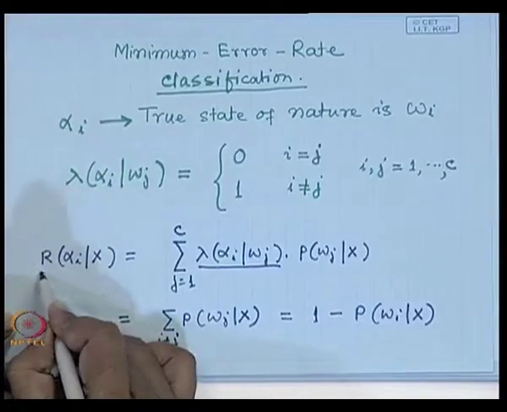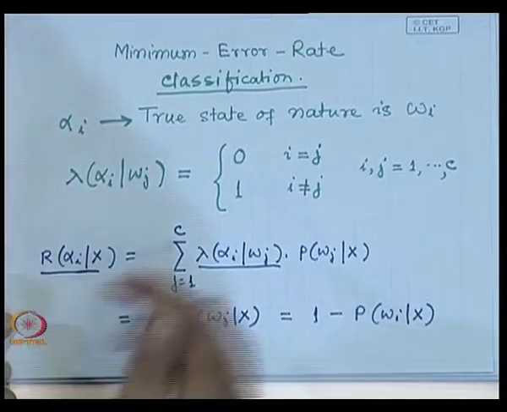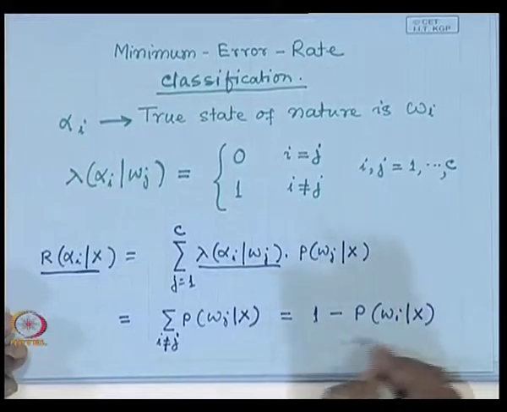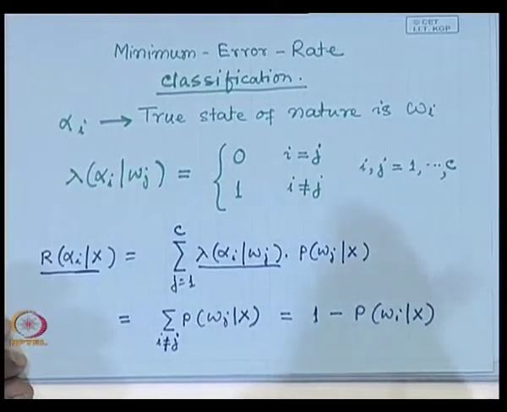So, this minimum risk classifier in this particular case boils down to minimum error rate classifier. That is why I said that starting from there I can have various types of classifiers. But finally, all of them will turn out to be equivalent, but under different situations I can use them differently depending upon our convenience, how we can model our problem in a particular domain.